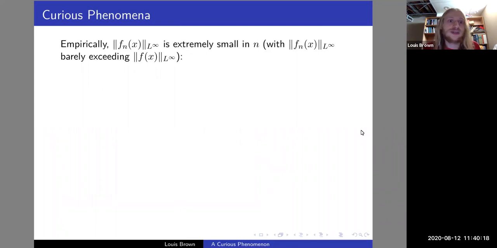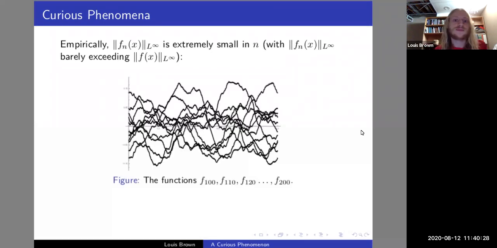And if we look at the empirics, the L infinity norm is extremely small in n, with the L infinity norm of f sub n barely exceeding the L infinity norm of the original function f.